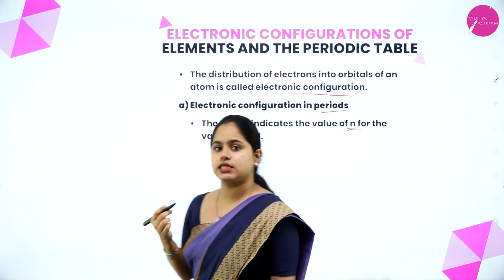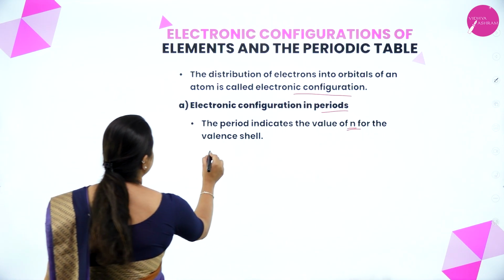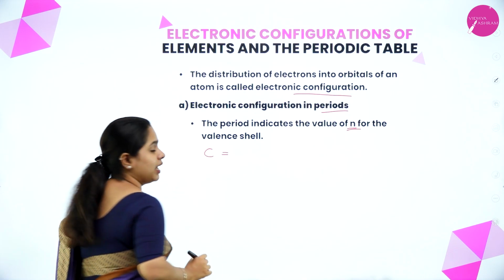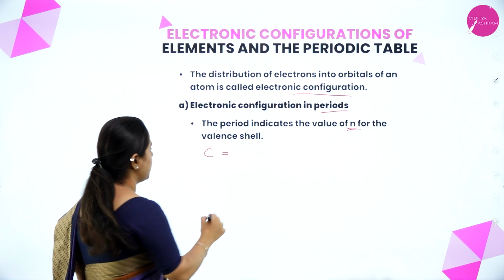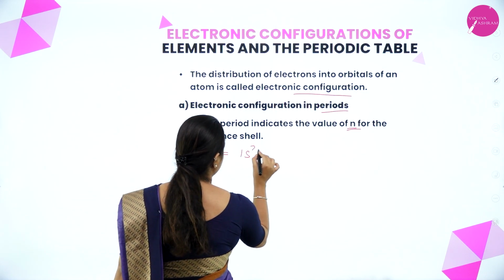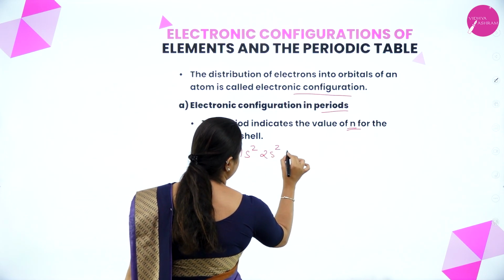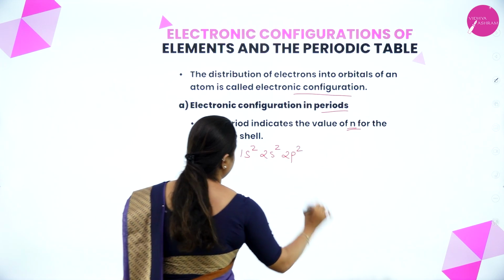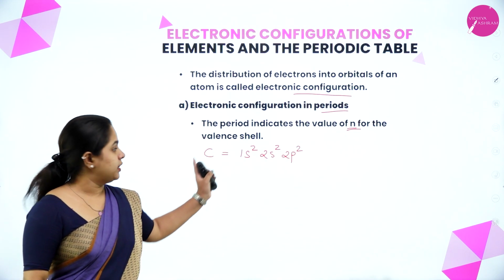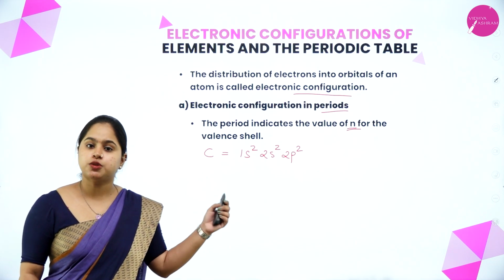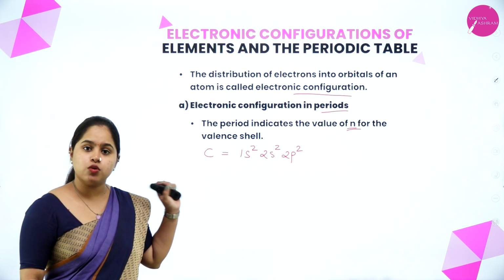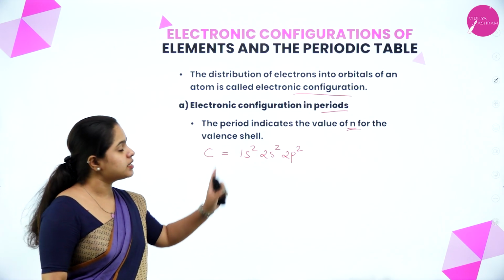So let's take the example of the carbon element. What is the electronic configuration of carbon? The atomic number is 6, so it is 1s2, 2s2 and 2p2. From the electronic configuration, we get to know which period carbon belongs to. What you have to see is the highest n value.